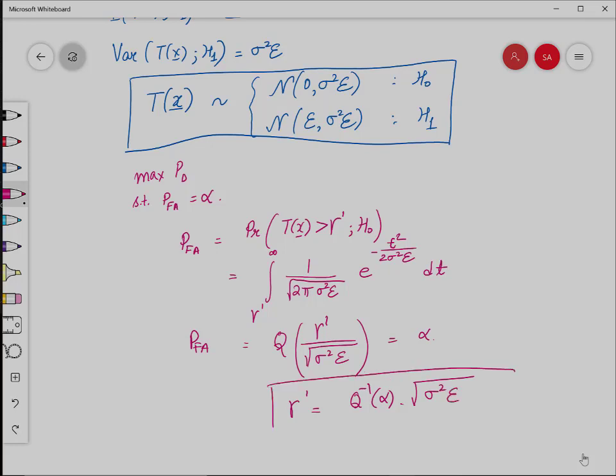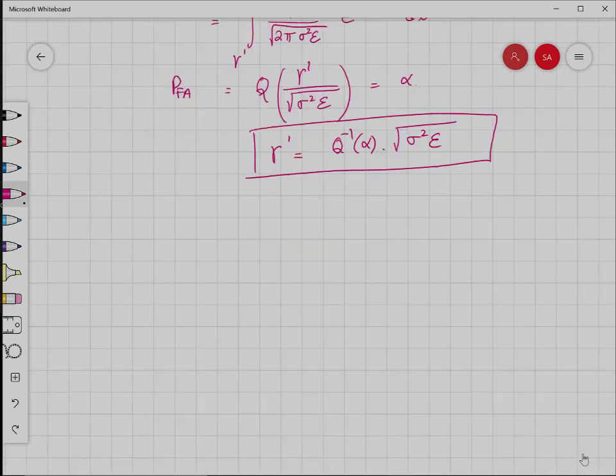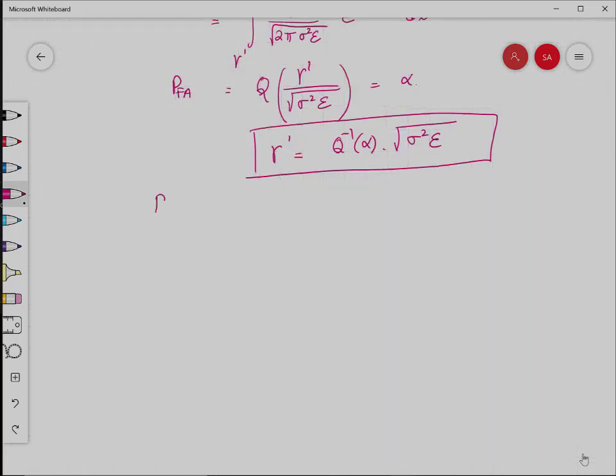Okay, so this we get as our threshold value, and from here we can also get the probability of detection. This is equal to the probability that my test statistic is greater than gamma dash under hypothesis H1, which I can write as the integral from gamma dash to infinity.